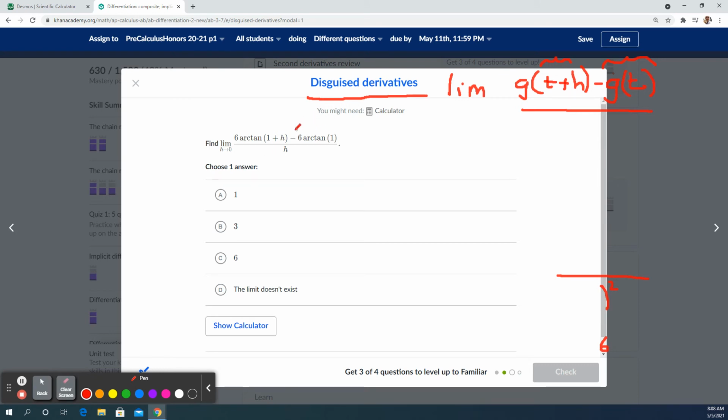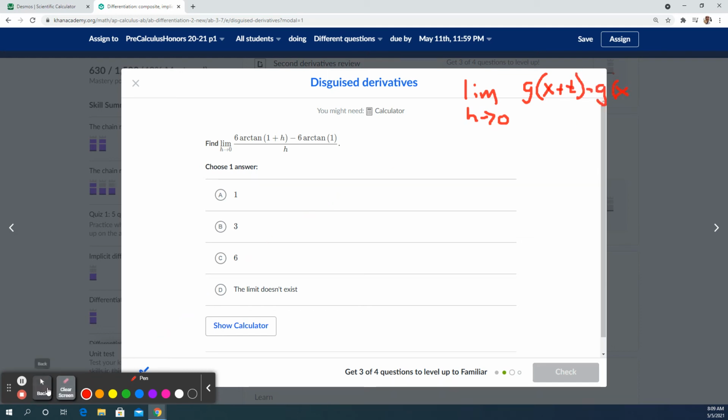Looking at it, remember this is where I said to focus on. It's fitting all the definition here. So that means that our g function is equal to g sub x. The limit as h goes to 0, practicing it, g sub t plus h minus g sub t all over h.